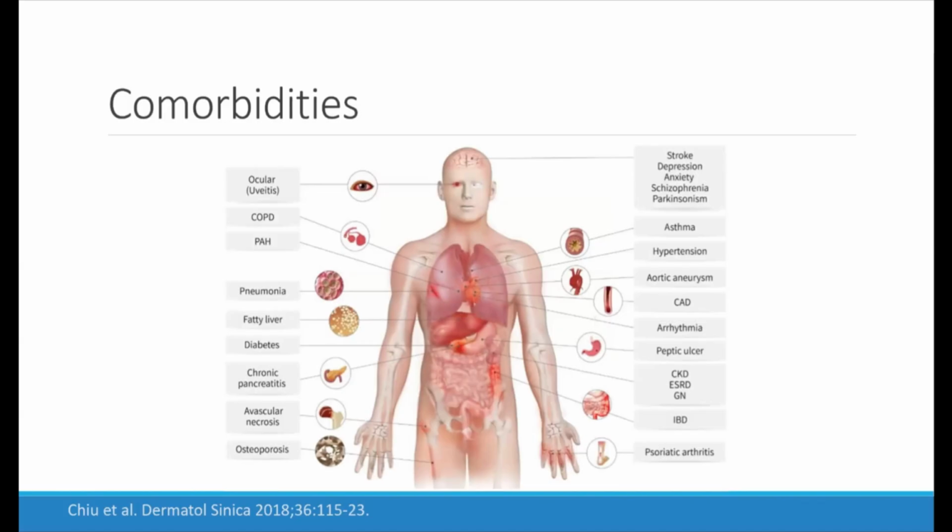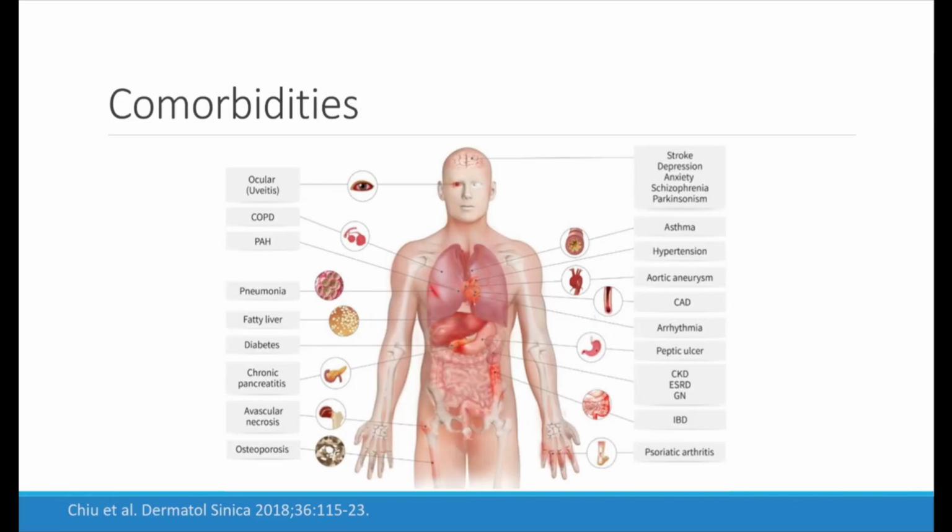Psoriasis can also lead to a range of comorbidities involving the eye, such as uveitis, COPD, pulmonary arterial hypertension, pneumonia, fatty liver, diabetes, pancreatitis, avascular necrosis, and osteoporosis.